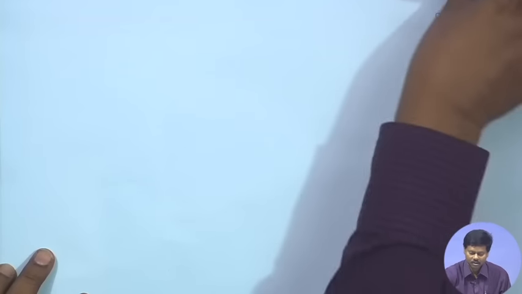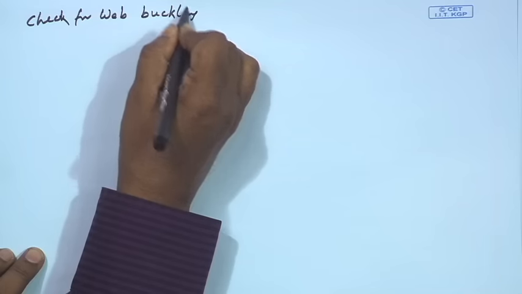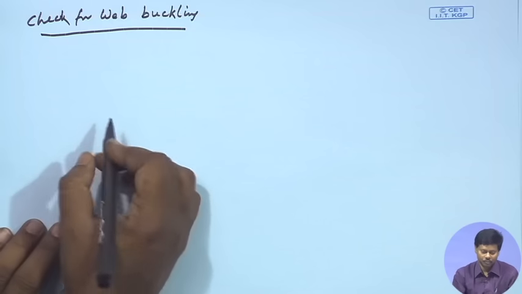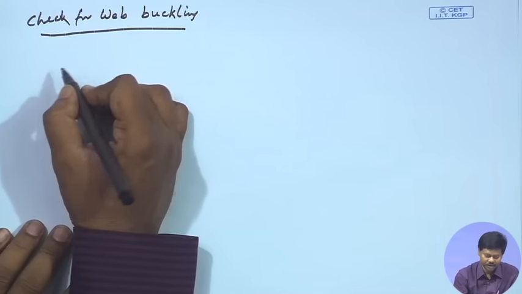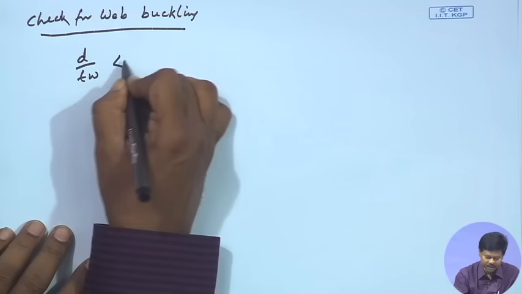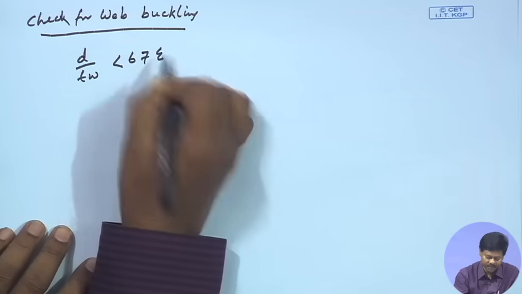Now, we will go for checking due to buckling, web buckling. So, we will go for the check for web buckling. Now, web buckling is not required if d by tw is less than 67 epsilon as per the code provision.